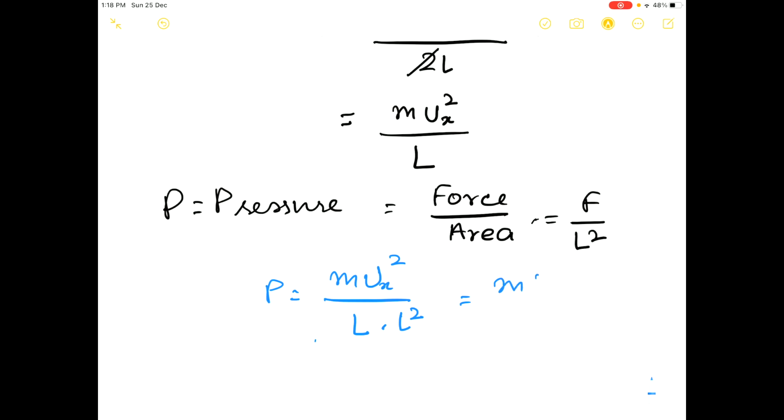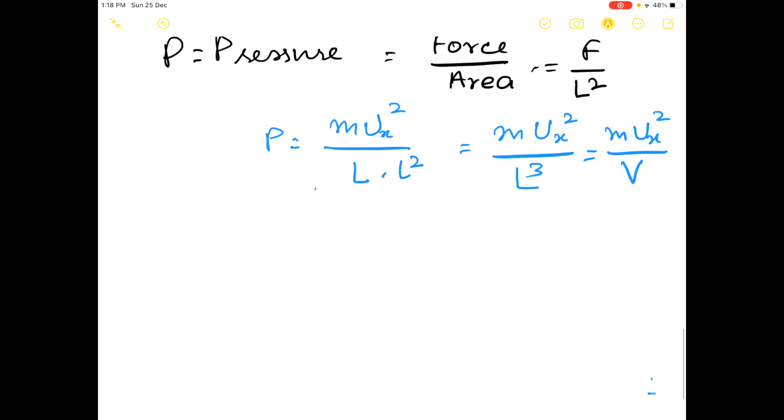This becomes mux square divided by L cube, and L cube, length into length into length, is the volume. So we get PV is equal to mux square.